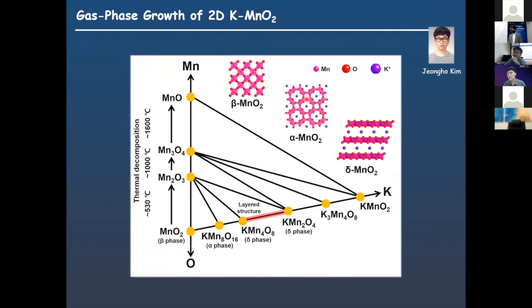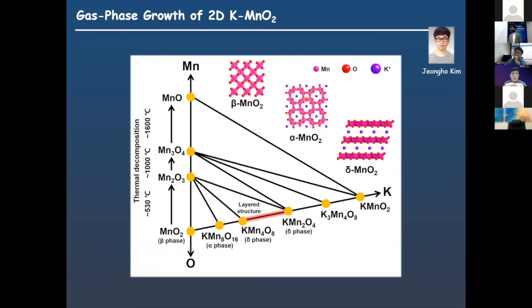Okay, that's also a great question. You mentioned molybdenum oxide and tungsten oxide as examples. Yes, they can form a layered structure, but the problem is the interaction between layers. Their interaction is quite strong.